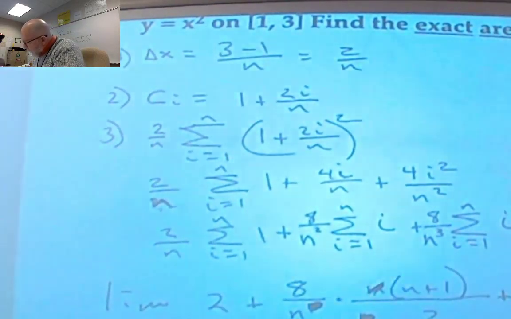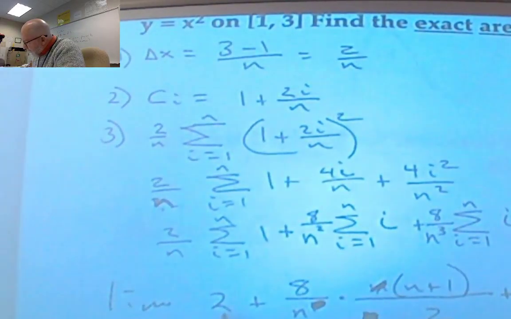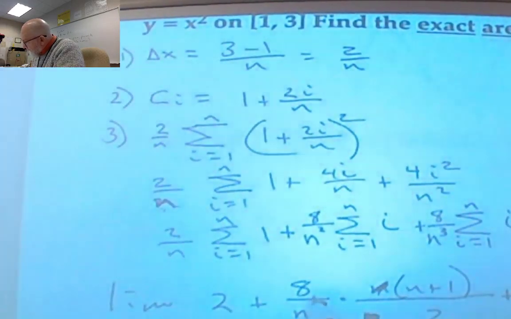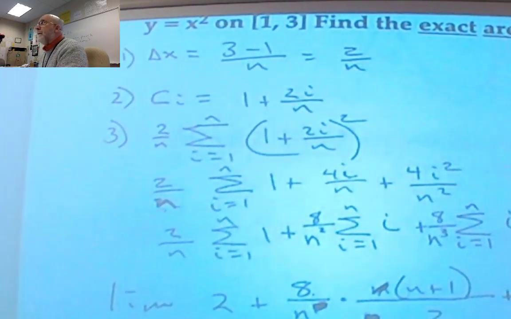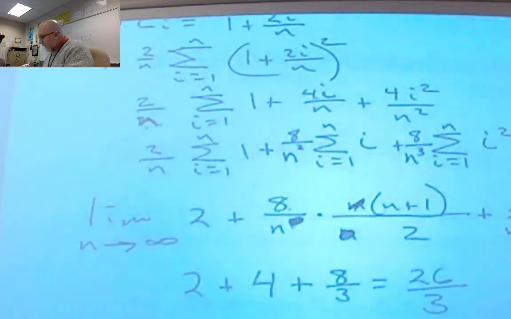Okay. So what's the limit as n goes to infinity of 2? 2. So this will be 8 times the quantity n plus 1 over 2n, right? So what's the limit of that? 4. Plus, don't forget I got a 2 here, correct? Yep. 8 thirds. Do you get 26 thirds when you do that? 26 thirds, people are saying yes.